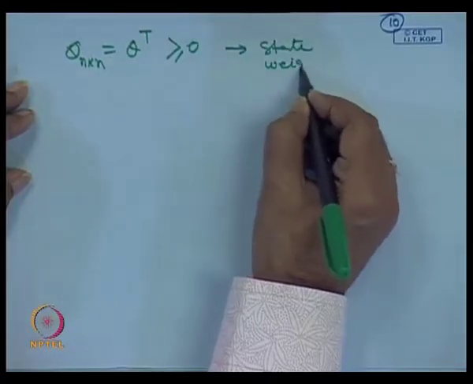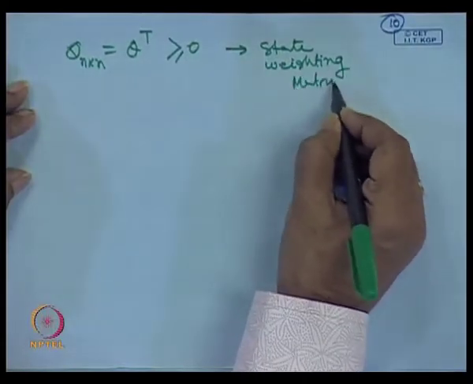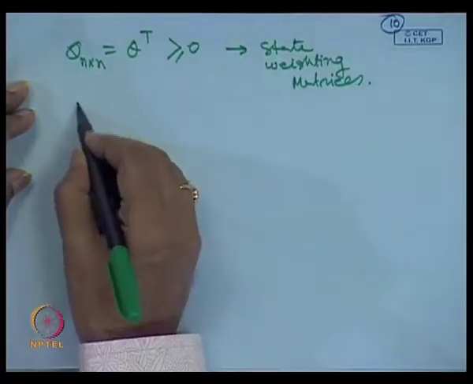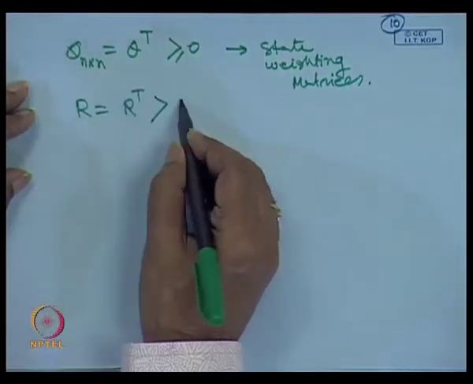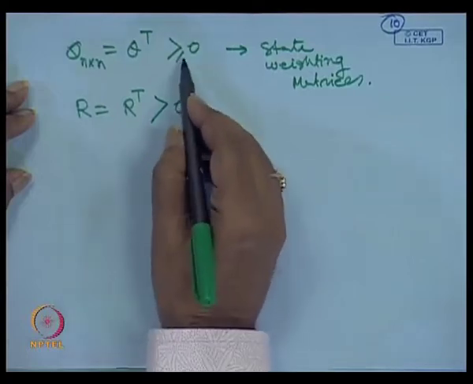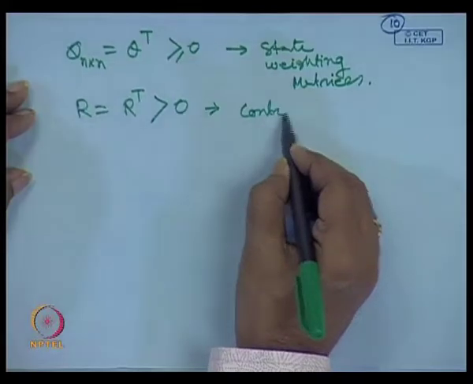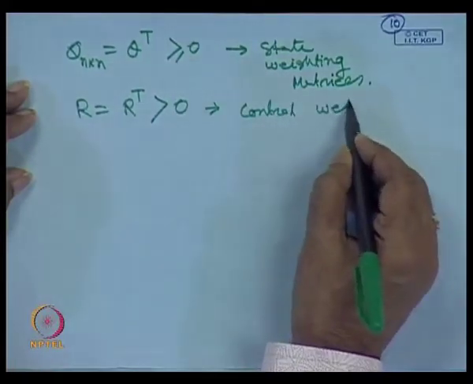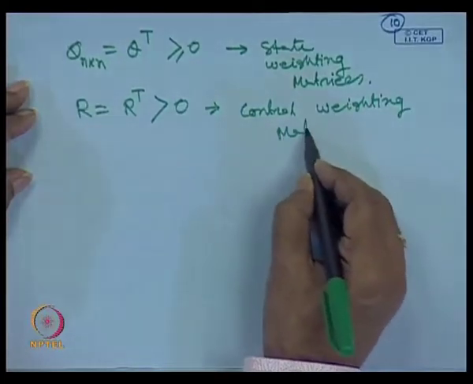Then R equals R transpose, which is greater than 0, positive definite, and it is called the control weighting matrix.